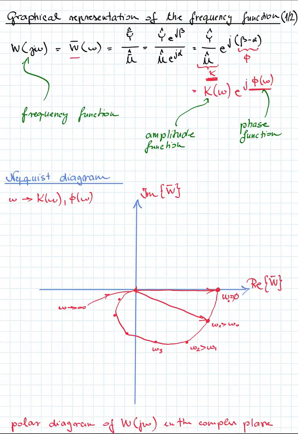Nyquist diagram can be mirrored to the real axis. So it will be something like this one. Okay, and omega is 0 here. Omega is increasing in this direction. Omega goes to 0 at this point.